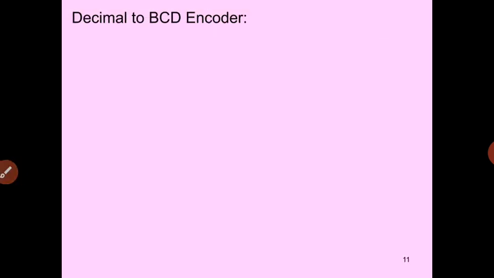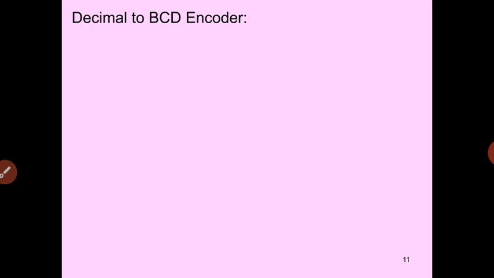Next we will see the decimal to BCD encoder. In this lecture itself we have seen the BCD to decimal decoder. Now we will see the opposite functioning, that is the decimal to BCD encoder. For converting BCD numbers into their equivalent decimal, we use a decoder circuit, and for the reverse operation we use an encoder circuit.